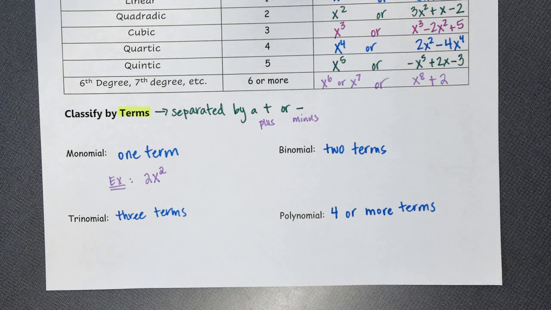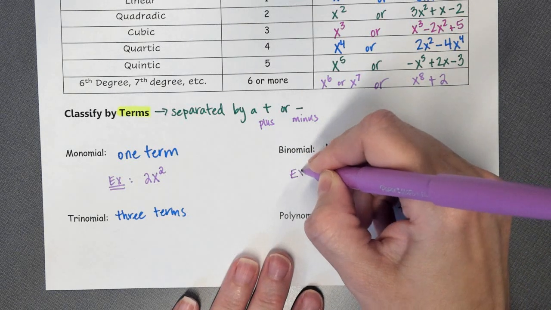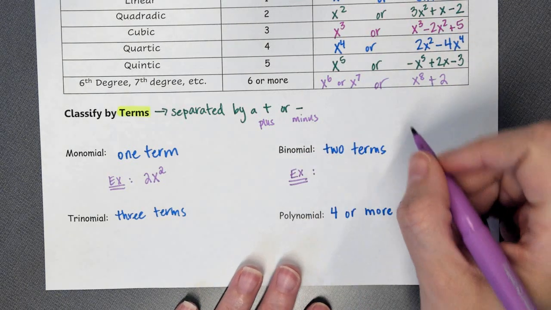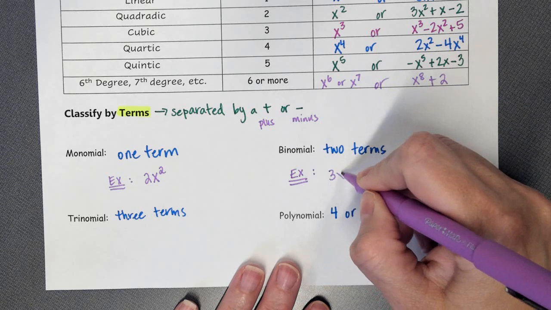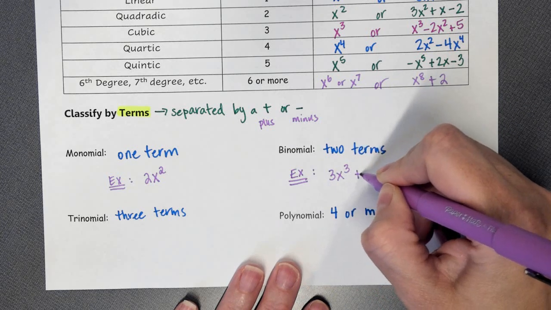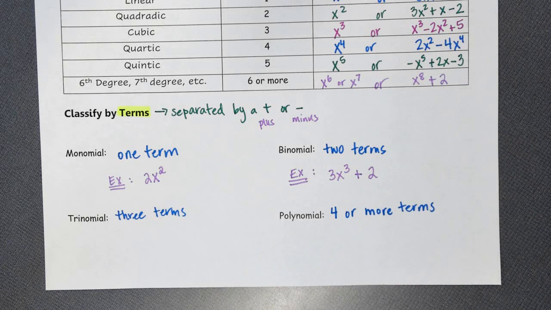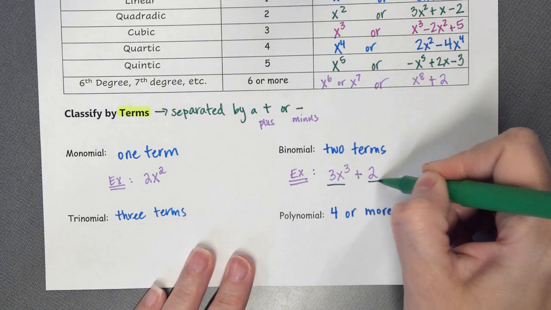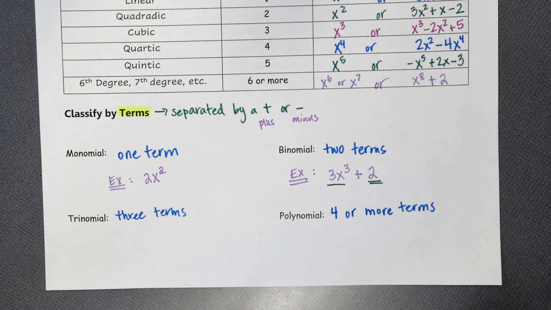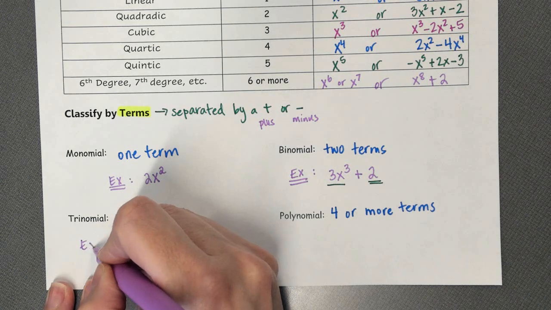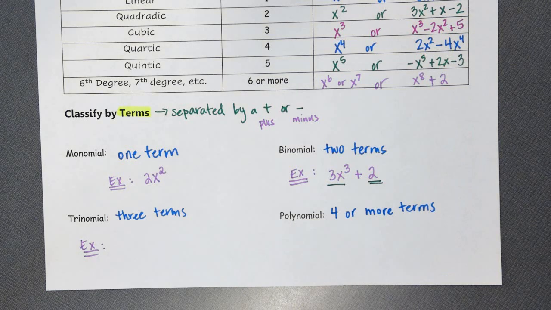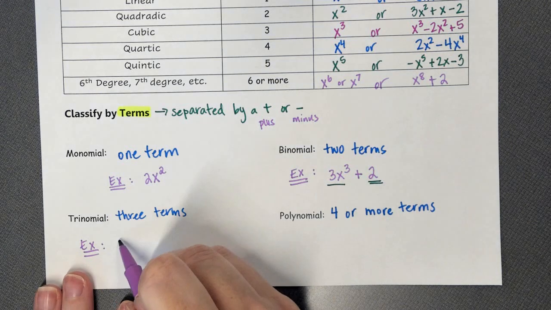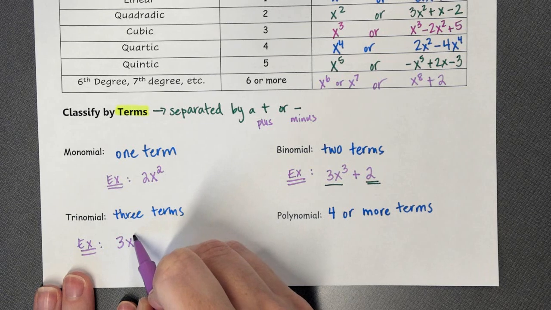If there are two terms, there has to be either a plus or a minus between two of them. So it could be 3x cubed, and then you add another term or subtract. So this would be 1, 2 terms. Okay, this would be the first term, this would be the second. If there are 3 terms, there has to be either 2 pluses or a plus and a minus.